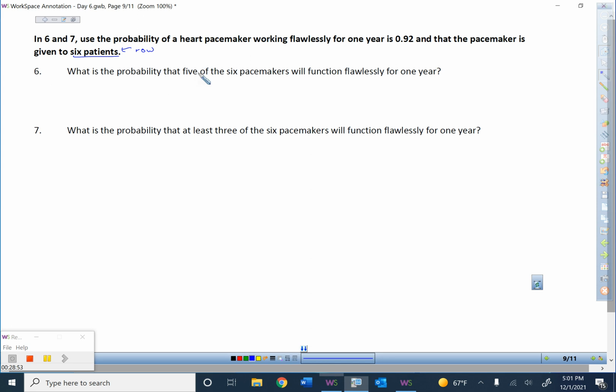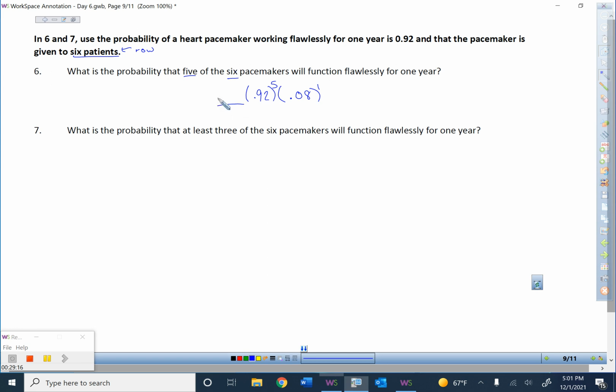Alright, so we want 5 of the 6 to function flawlessly. So we know our bubbles have this probability, 0.92, and the complement, 0.08. I know that this is my power 5, and it has to add up to the total 6, so there is 1 that is not working.